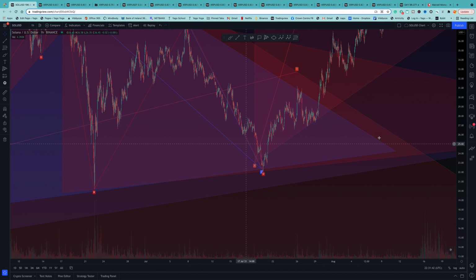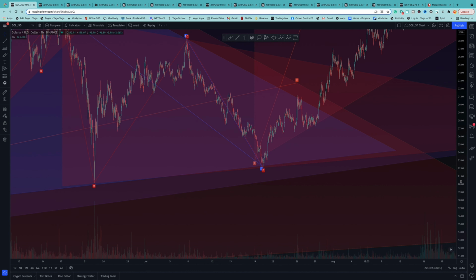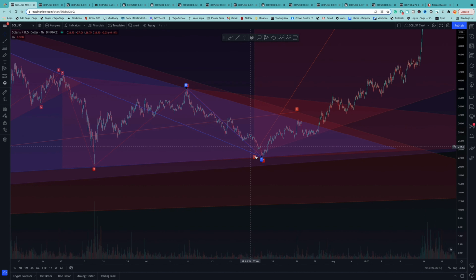So that is the bigger picture. If you're just trading on the 1 hour or the 4 hour, you won't see this coming, because this is the daily and the weekly as well. So if you see that this is the confluence of the higher time frames, your clarity, the ability to zoom out and see the bigger picture, tells you that this is a bottom that is bringing this in.